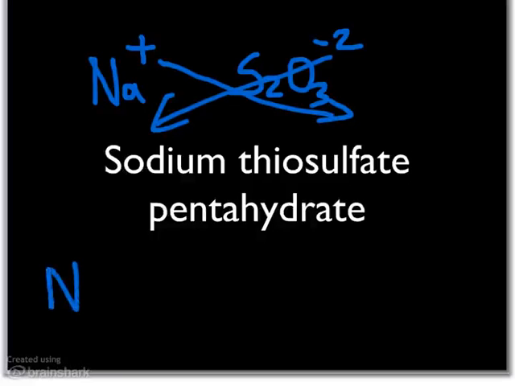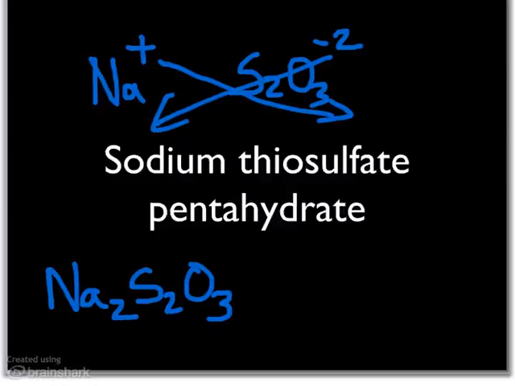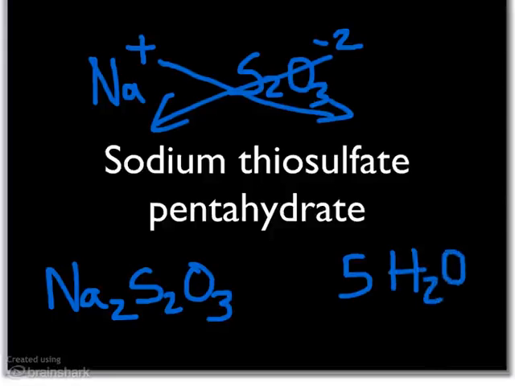Making sure to get rid of the charge itself, you just bring down the number. So you have Na2S2O3, and that would take care of that first half. Second half, you have pentahydrate. Penta is just basically 5, hydrate is H2O, and then just make sure you put the dot in to represent hydrate.